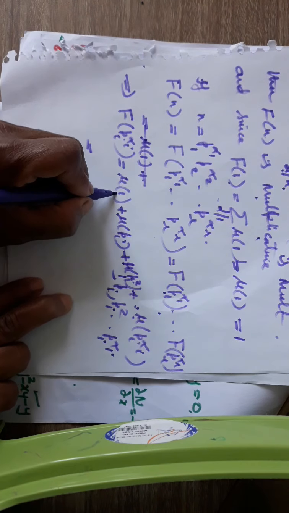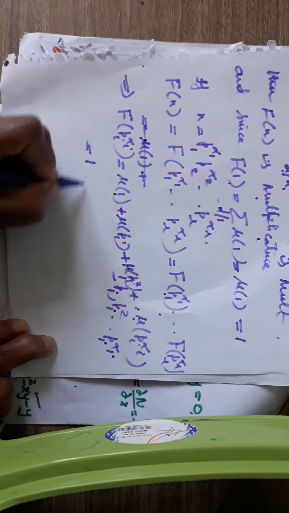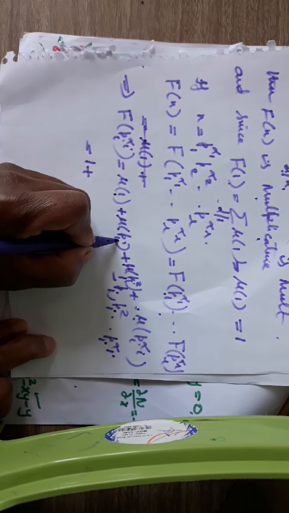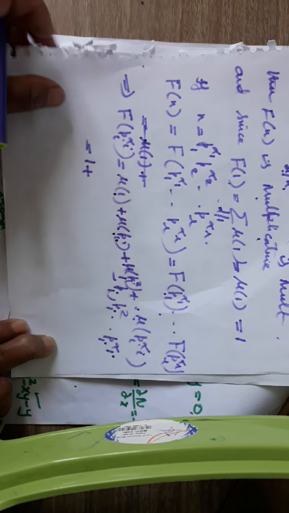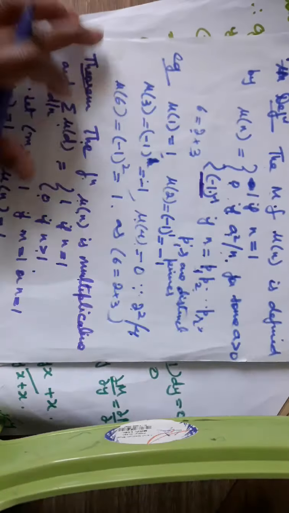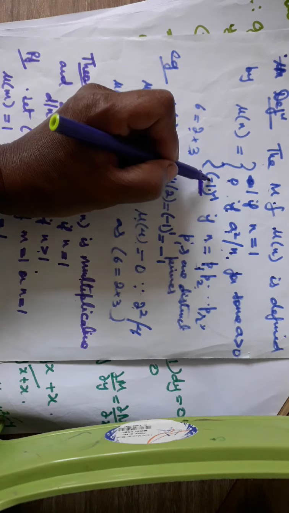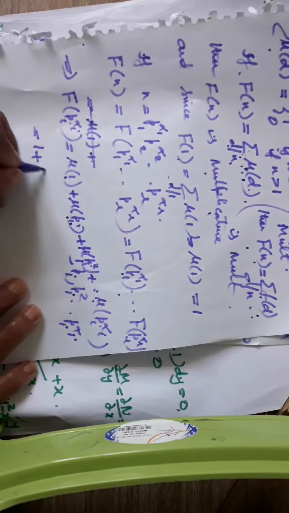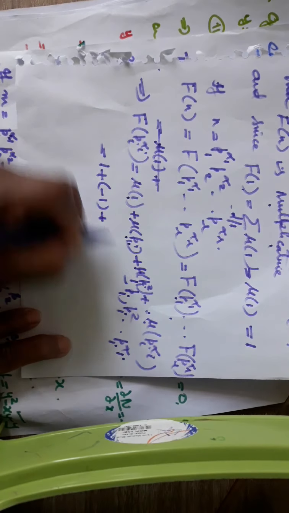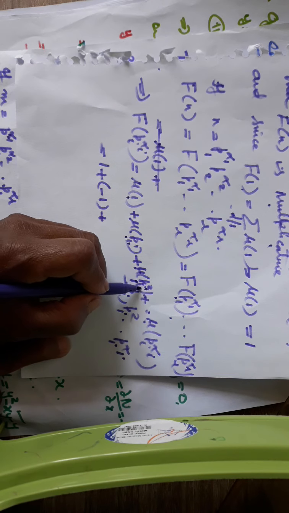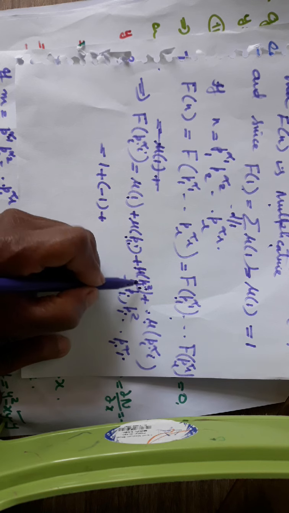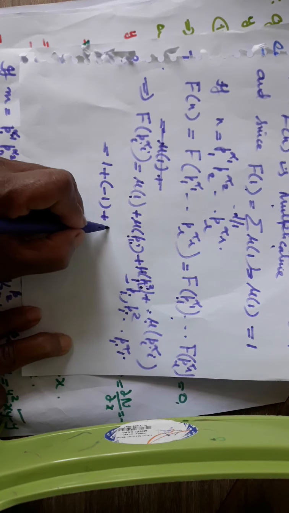As we know that mu of 1 is equal to 1, we replace it by 1. And mu of pi, by the definition of the Moebius function, is minus 1 to the power 1, so it will be minus 1, because it is the product of one distinct prime only. But for pi square, there exists a square which divides it, so it will be equal to 0.